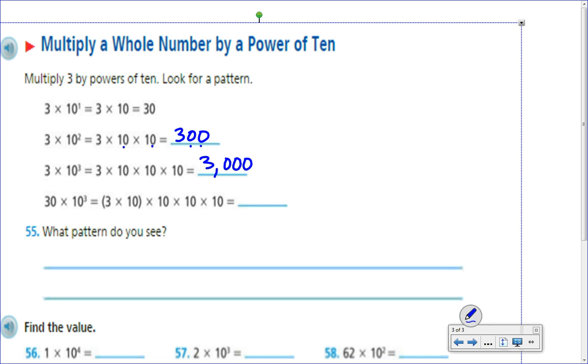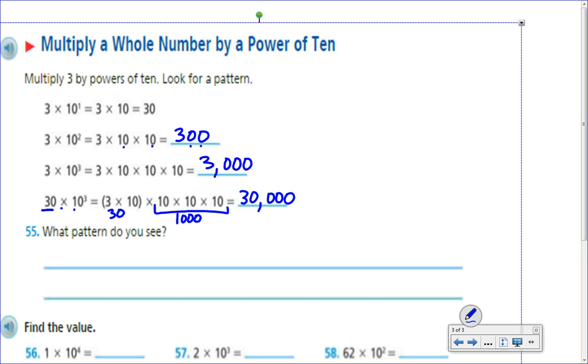Now you've got 30 times 10 to the third power. You've got this right here, which is 1,000, and this right here, which is 30. So you have 30,000. So what pattern do you see? I'll let you think on it. Pause if you need to.